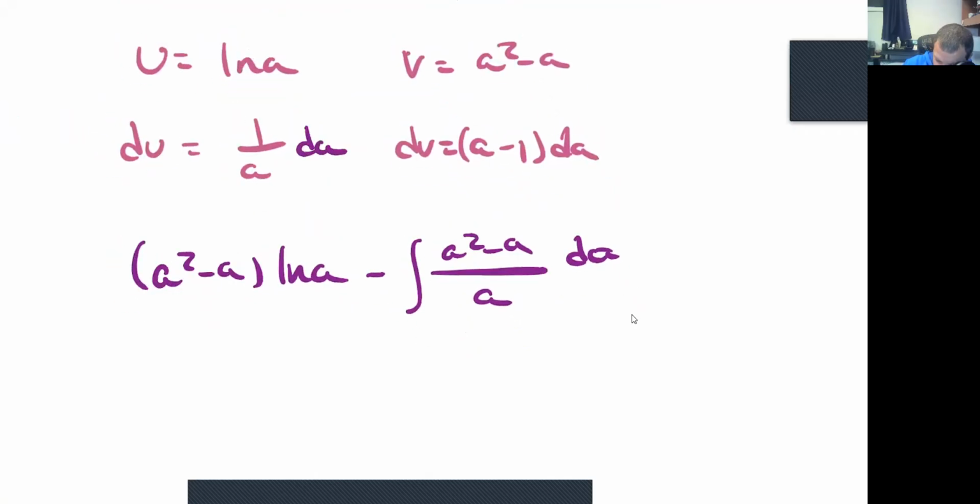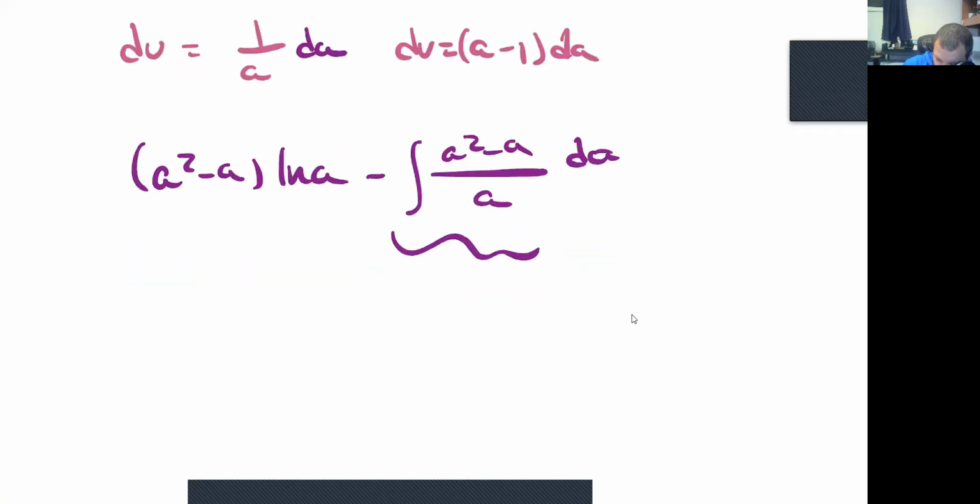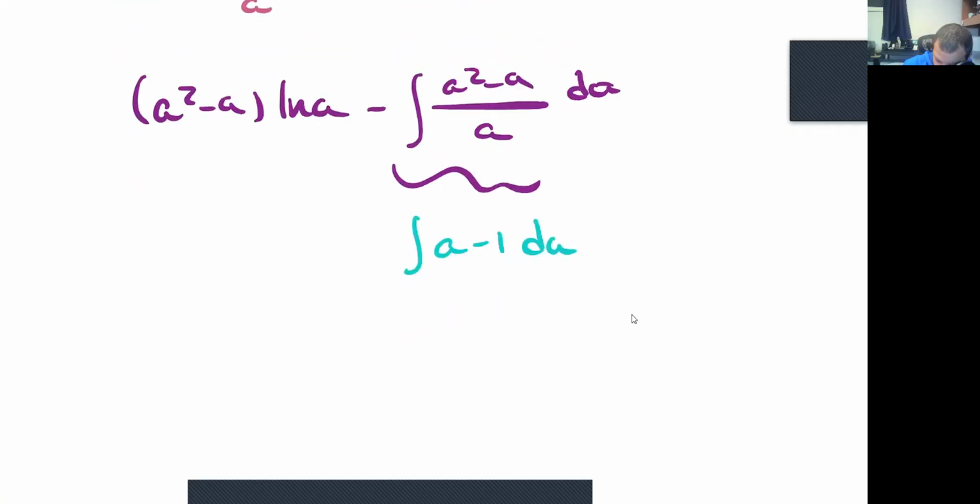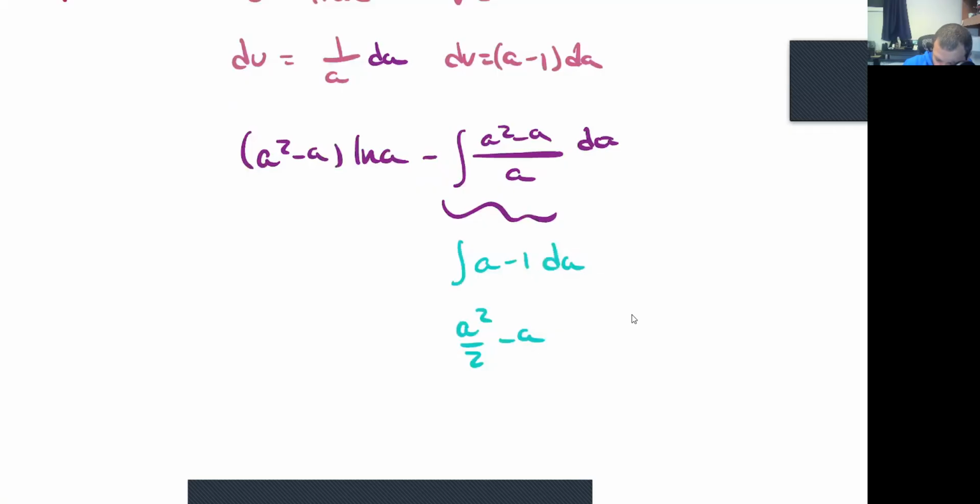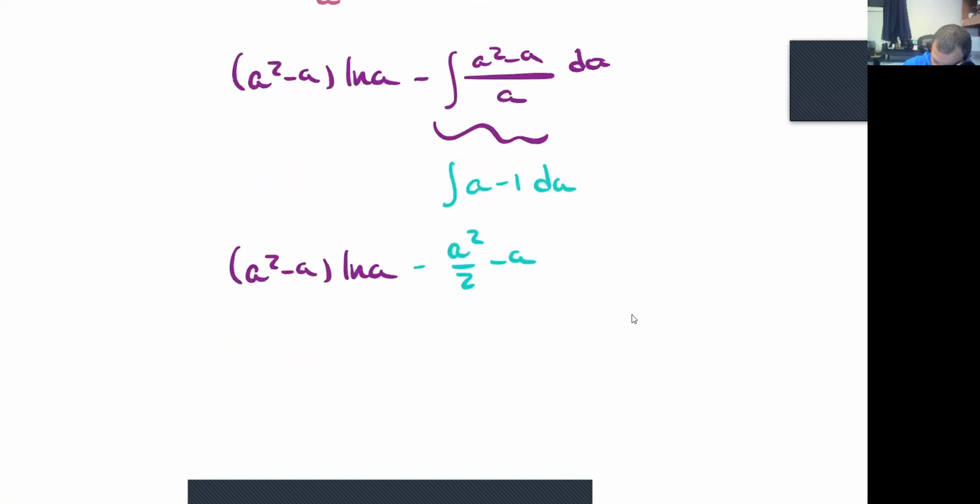There's a dA here. So in this integral now, because of our nice, cool, sneaky transformation, we're going to get a squared over 2 minus a, which we can divide everything by a minus 1 dA. And the antiderivative of a minus 1 is a squared over 2 minus a. We still have this a squared over 2 minus a times natural log of a, minus this whole thing, by the way, plus a constant. And then, what was a equal to?